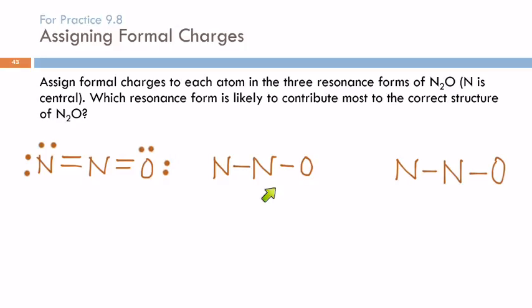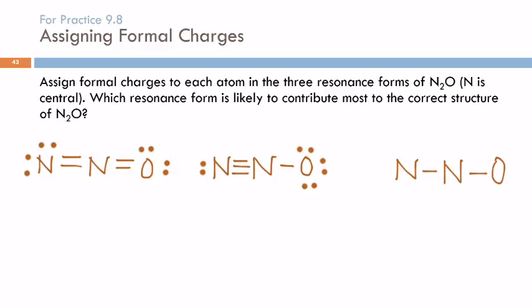Well, what else could we do? They're both double bonds. What if we had one single bond and one triple bond? Could we make that work? Let's try a triple bond here and a single bond there. So we've got 2, 4, 6, 8, 10, 12, 14, 16. There we go. So we've got this one, and then what about putting the triple bond on the other side instead?